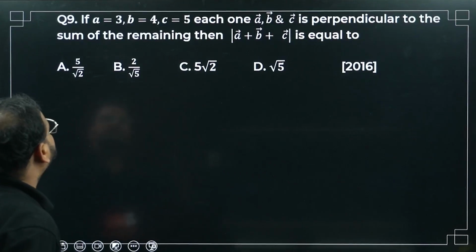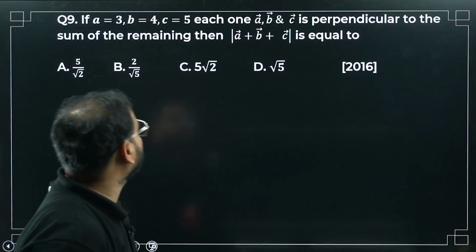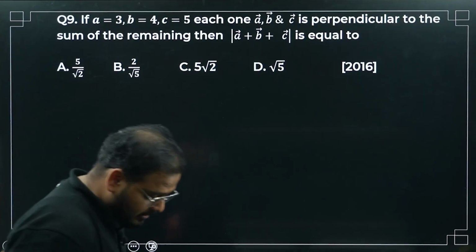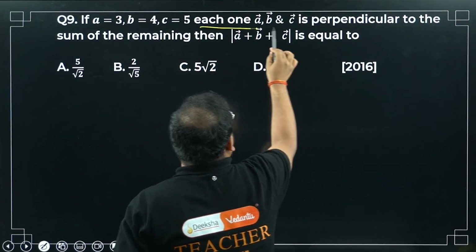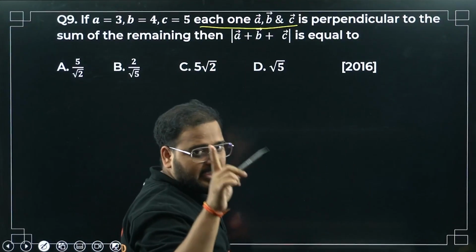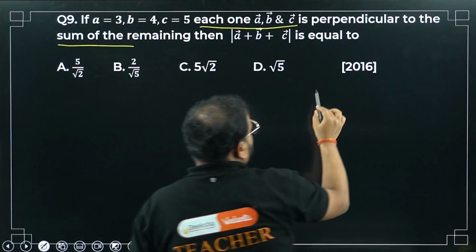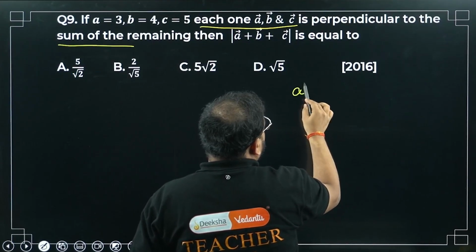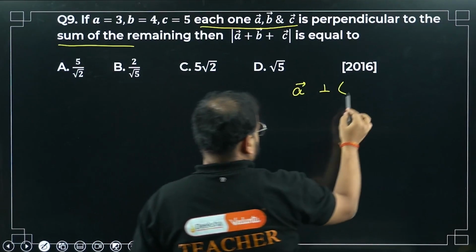Chaliye. If A equal to 3, B equal to 4, C equal to 5, each one of A, B, C is perpendicular to the sum of the remaining. Look at this. If I take A, it means A is perpendicular to the sum of the remaining.